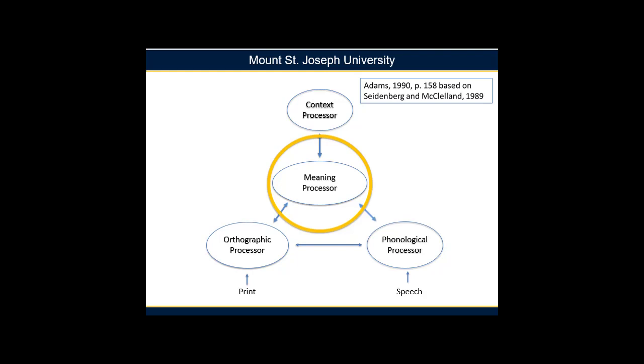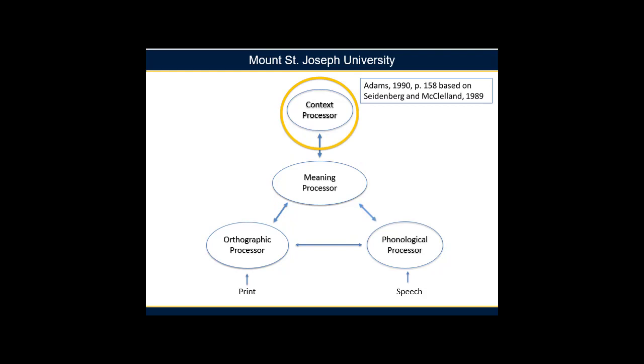Our mental dictionary is ideally made up of deep understandings of words and language, as well as rich connections across words and ideas. Children with weak meaning processors will have limited vocabularies for their age and/or weak verbal reasoning skills and have trouble with reading comprehension.